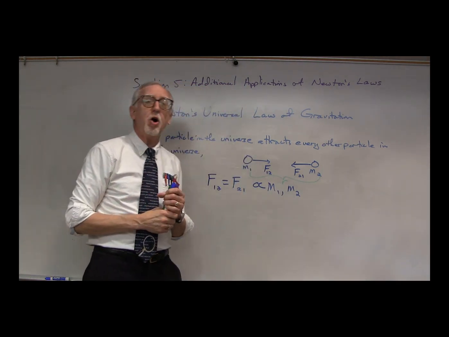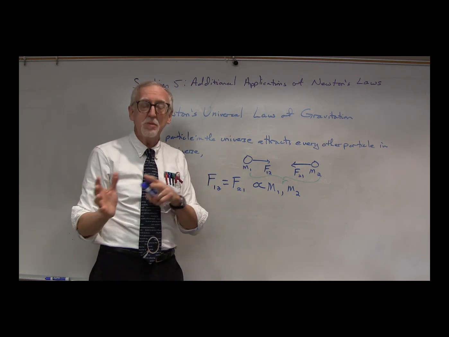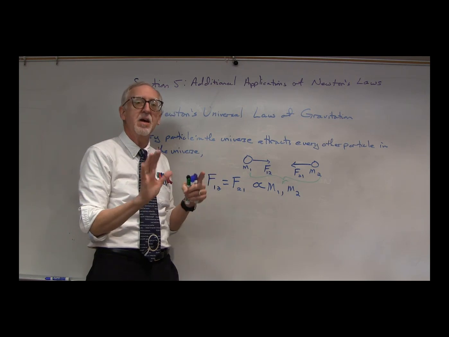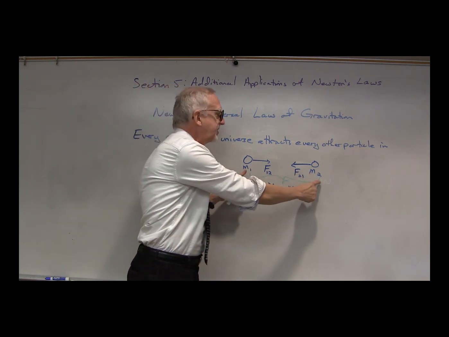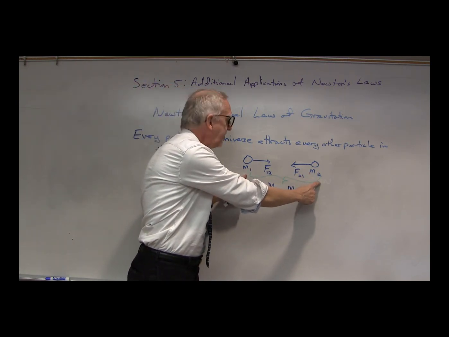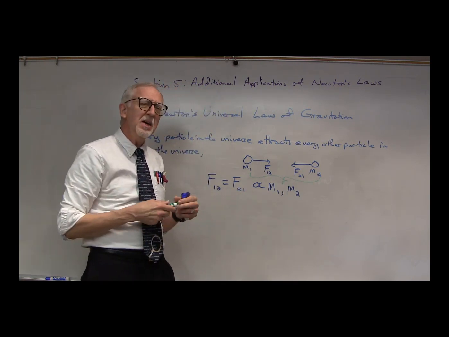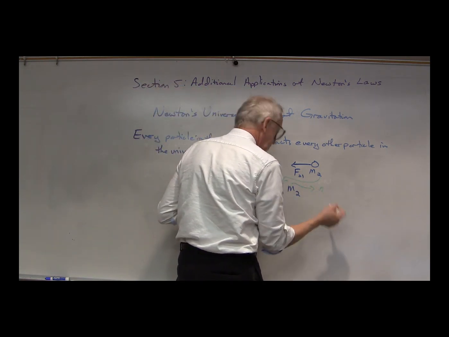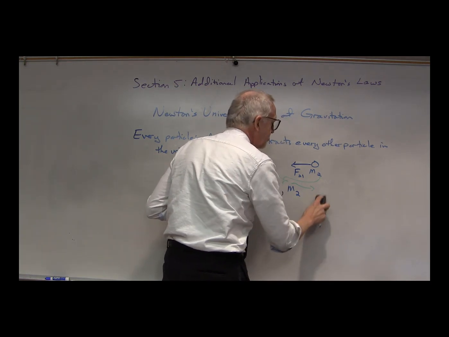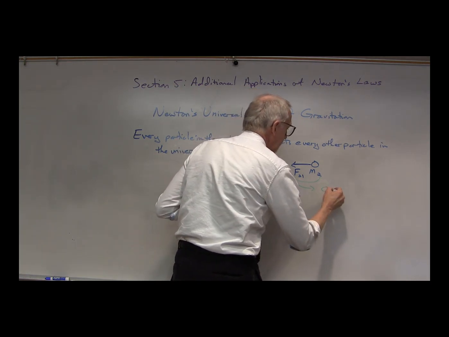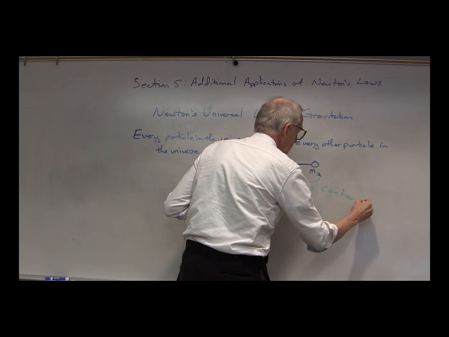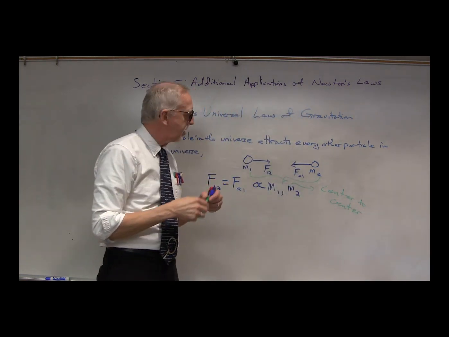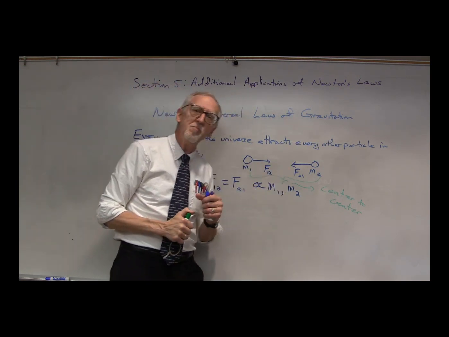There's a tendency to always think of r as a radius, but in this case it is not. It's not half the distance or anything like that. R is just the distance between the objects, and to be precise, this would be measured center to center, in other words, from the center of mass 1 to the center of mass 2.